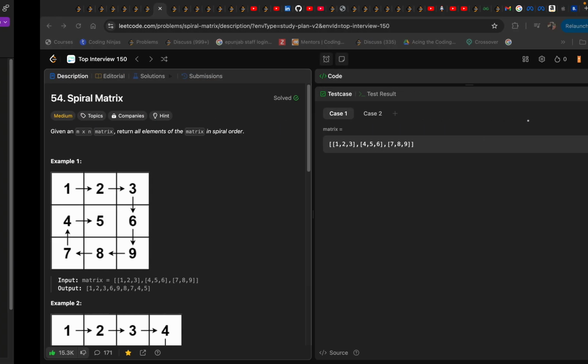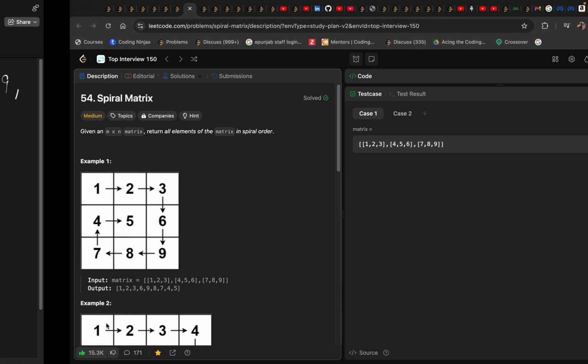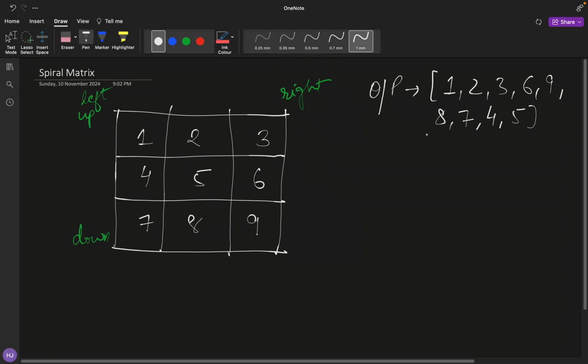I guess this is what the answer is. Yeah, so this is the correct output that we are expecting. So let's discuss the intuition for the same. I think the solution which I'll be discussing right now is the easiest way and also the most efficient way to solve this question.